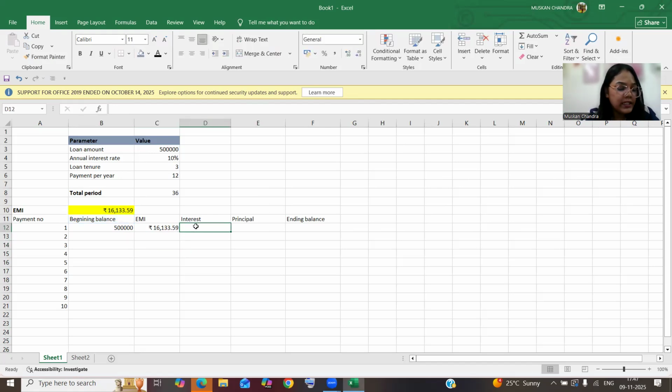So interest is calculated as beginning balance into monthly interest rate. So we'll have equals to beginning balance into monthly interest rate.